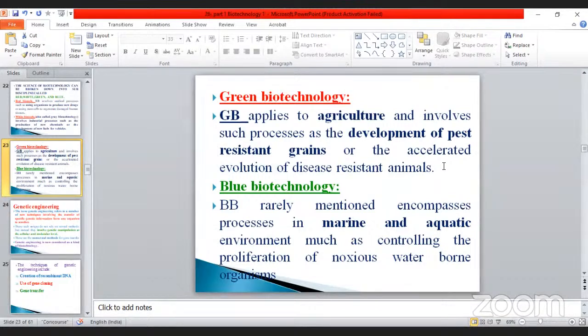Blue biotechnology, rarely mentioned, encompasses processes in marine and aquatic environments. Blue means the sea color, or marine color, is blue.